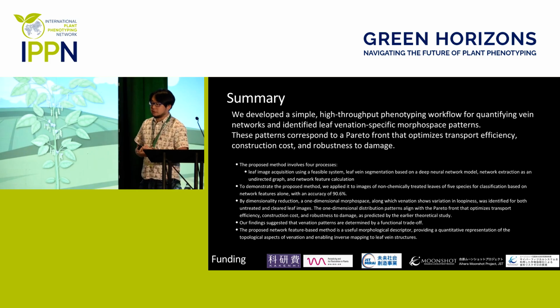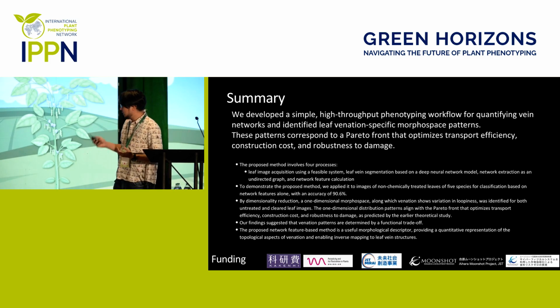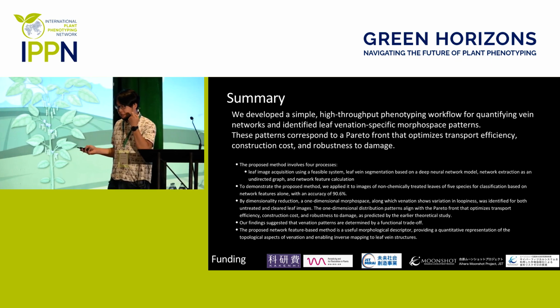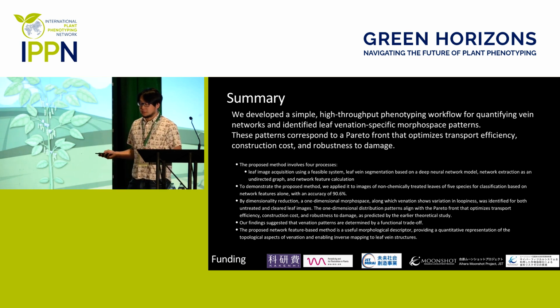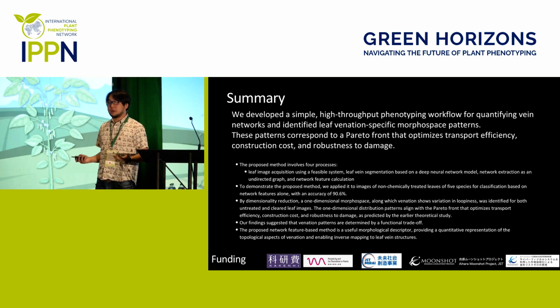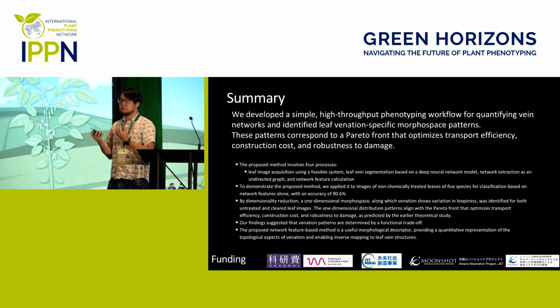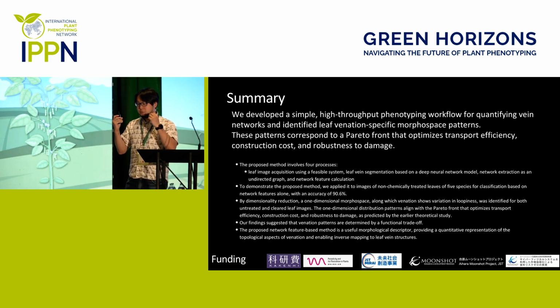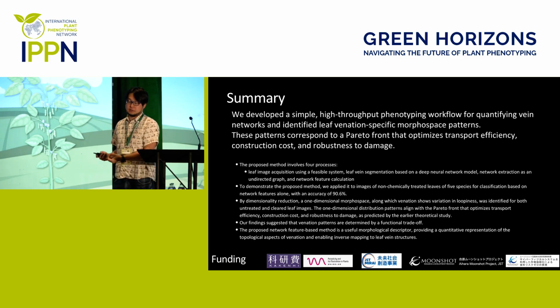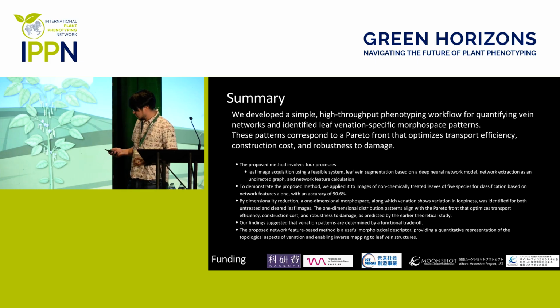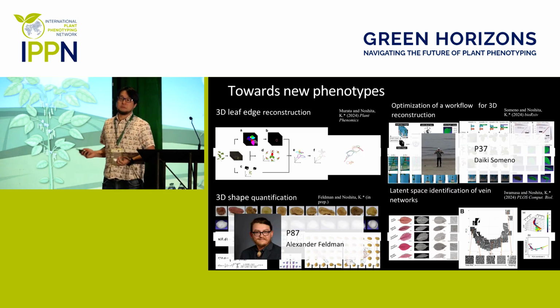So I would emphasize that we can identify this latent space because we quantify the venation pattern as a network, not just a simple measurement. So I would like to say that we need to use an appropriate model or representation of the target for understanding the phenomena or structure you're interested in. So thank you. That's all.